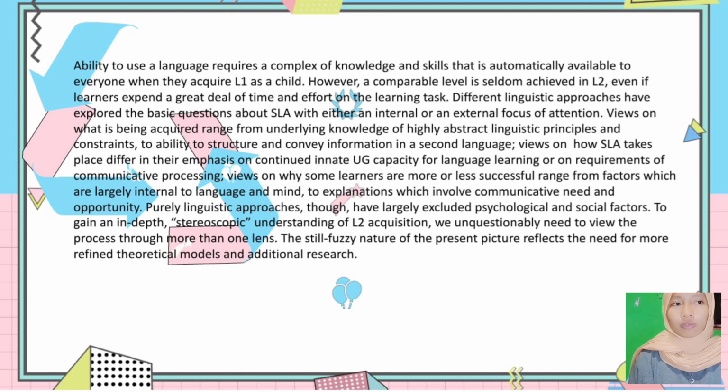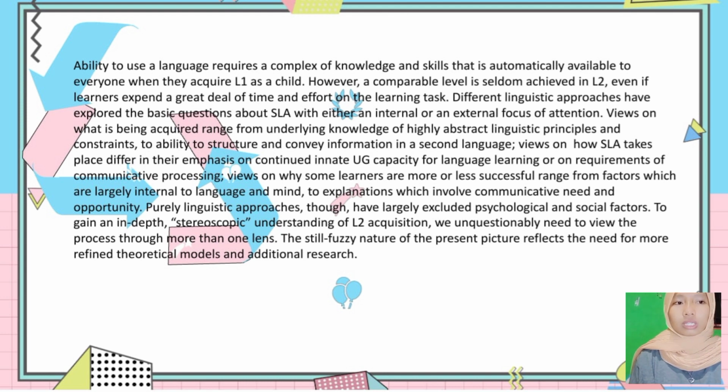Different scholars have put the basic question about SLA with either an internal or an external focus of attention. Views on what is being acquired range from knowledge of highly abstract linguistic principles and constraints to the ability to structure and convey information in the second language.